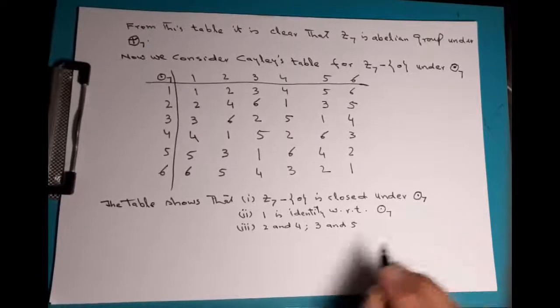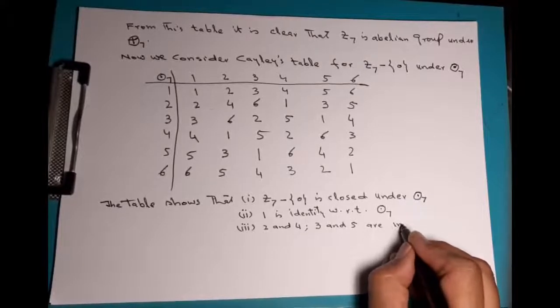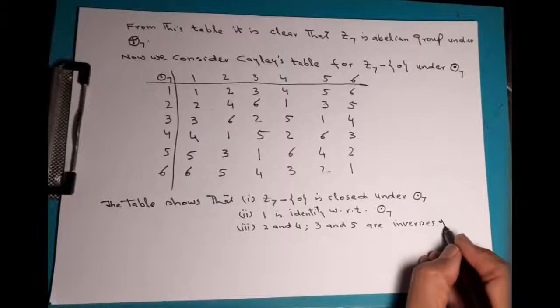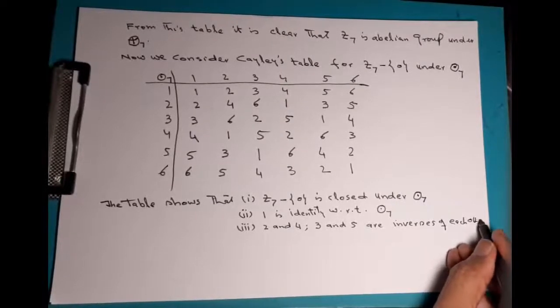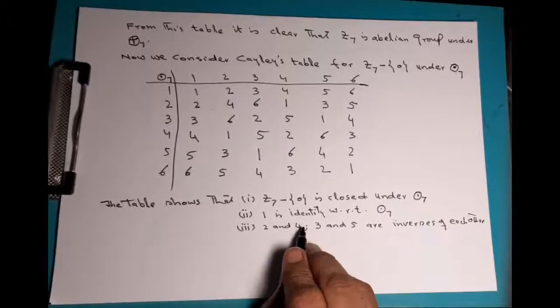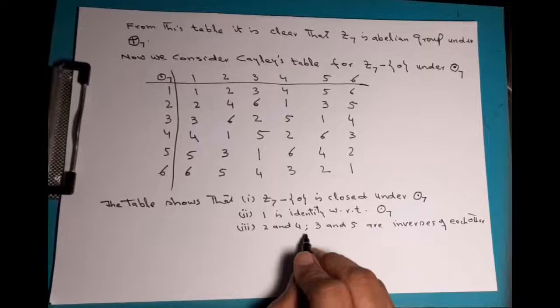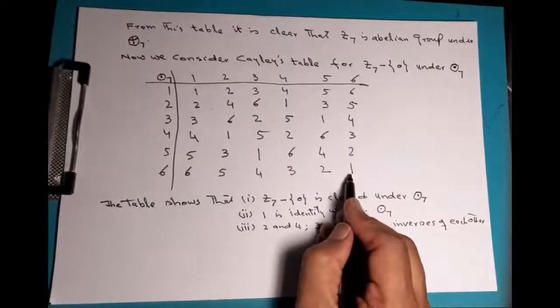3 and 5 are inverses of each other. This means that 2 is inverse of 4, 4 is inverse of 2, 3 is inverse of 5, 5 is inverse of 3, and 6 into 6 is equal to 1.